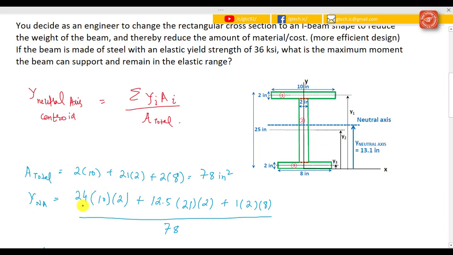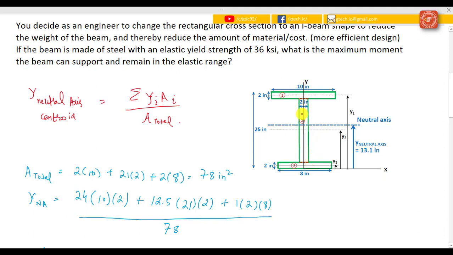So here you see the 24 inches for the y value, and then multiply this yi value by the area of this rectangular cross section, that would be 10 times 2. Perform the same procedure for the second and third rectangular cross sections.